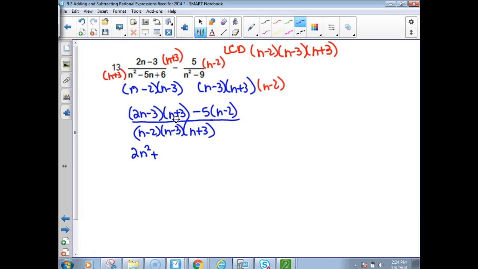So 6n minus 3n is positive 3n. And then negative 3 times positive 3 is minus 9. And then I'm going to be careful distributing that minus 5. That'd be minus 5n plus 10. And then I still have my big denominator.